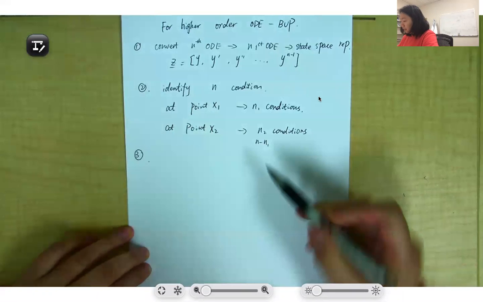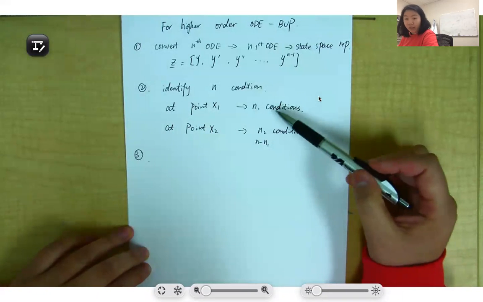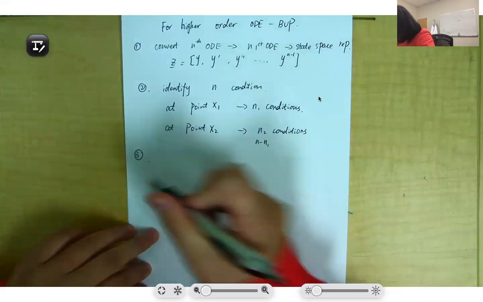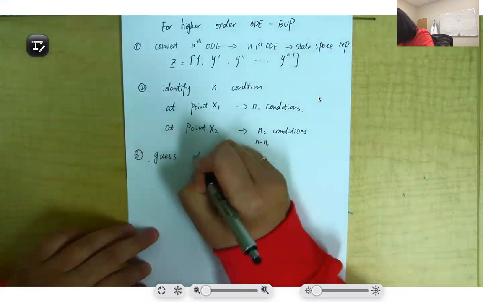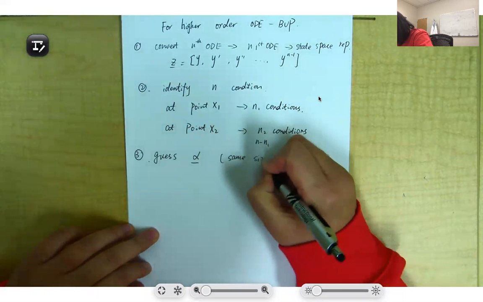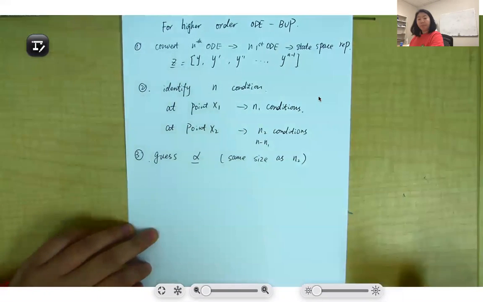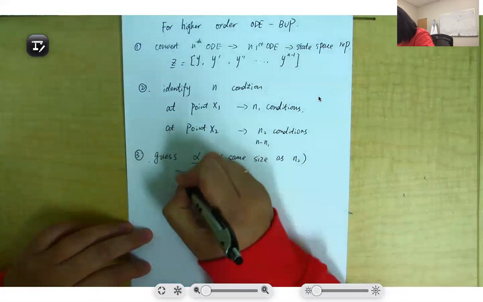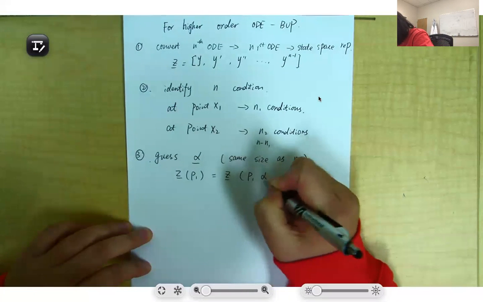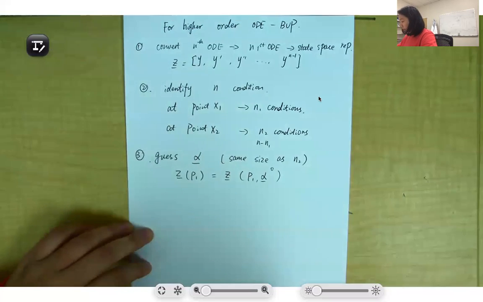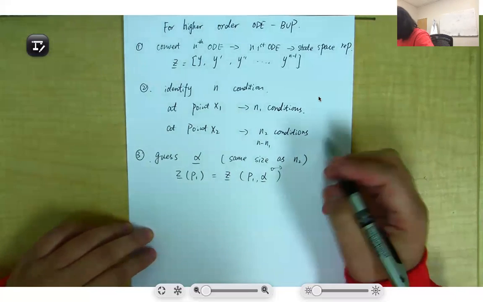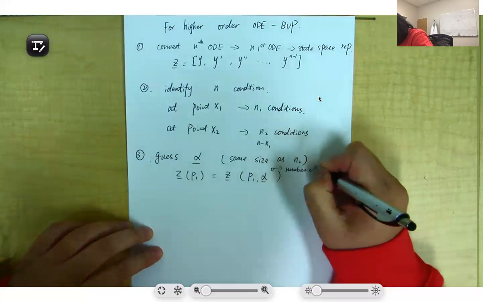Then, since we don't have enough initial conditions, we need to guess the n minus n1 conditions for the initial point. We will guess alpha, which will be the same size as n2. So z at p1 will be equal to z at p1 with alpha_0, where the subscript means the iteration number.